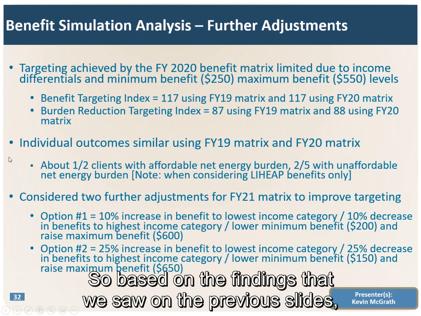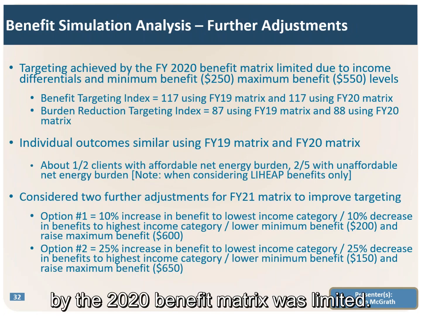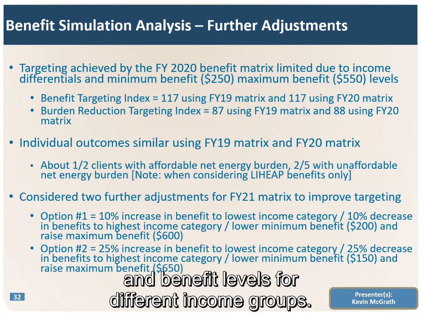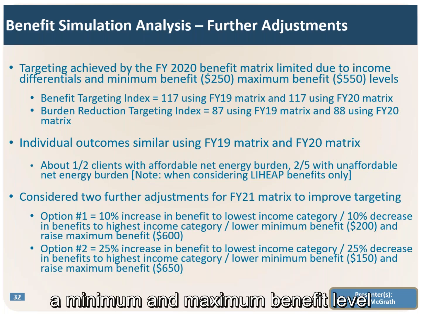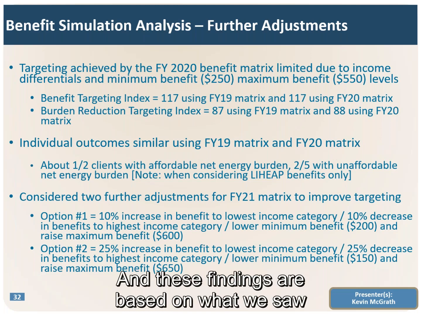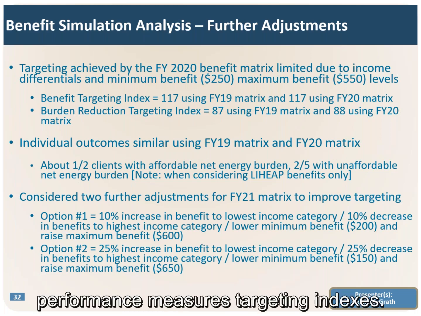So based on the findings that we saw in the previous slides, it appeared to us that the targeting achieved by the 2020 benefit matrix was limited. This was in part due to differential in benefit levels for different income groups, and the fact that there's a minimum and maximum benefit level put into place in the benefit matrix. And these findings are based on what we saw both in terms of the performance measures targeting indexes.